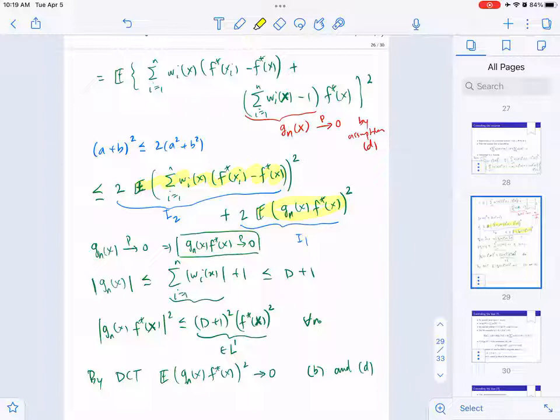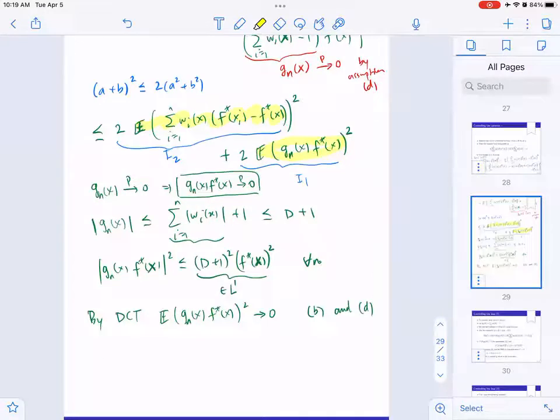But this expectation is deterministic. So any deterministic sequence for which every subsequence has a convergent subsequence has a limit. The point is that at this point everything is deterministic, and there are other proofs as well, but it's a nice little thing which is often not mentioned.